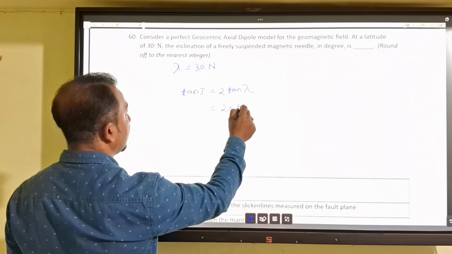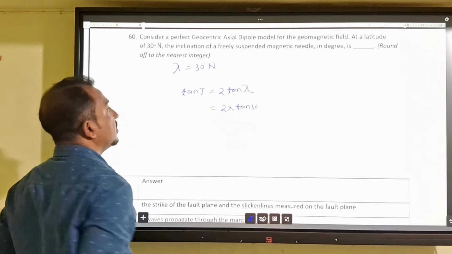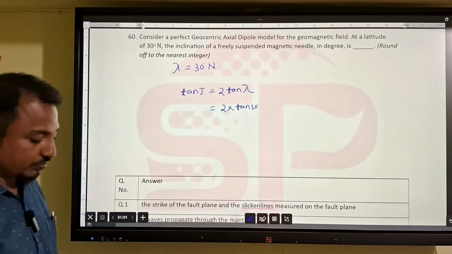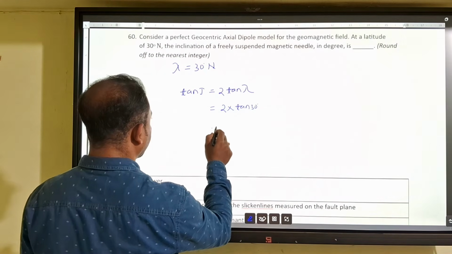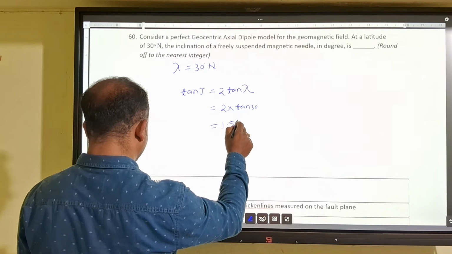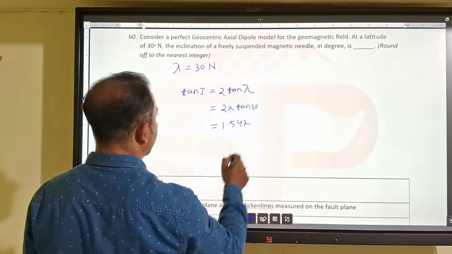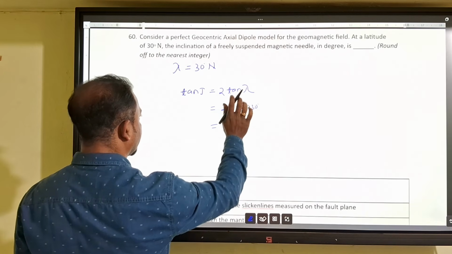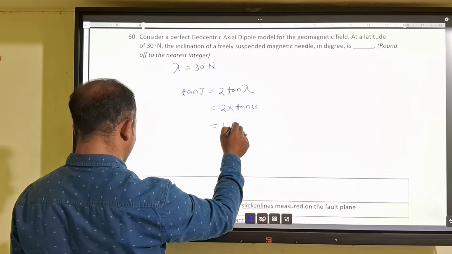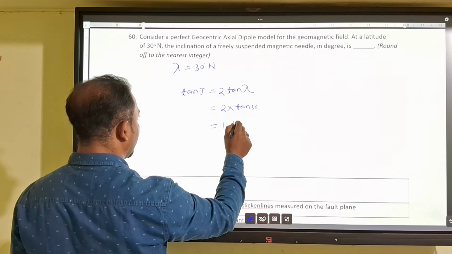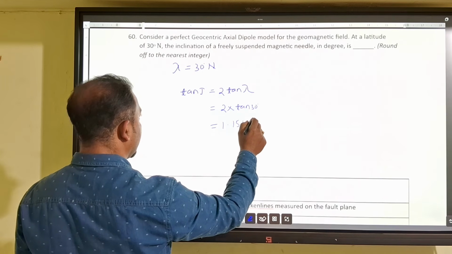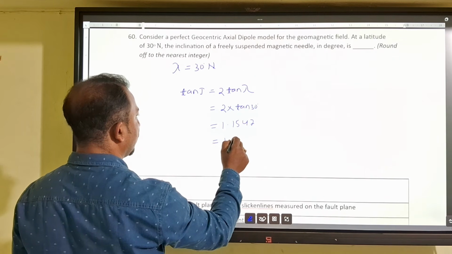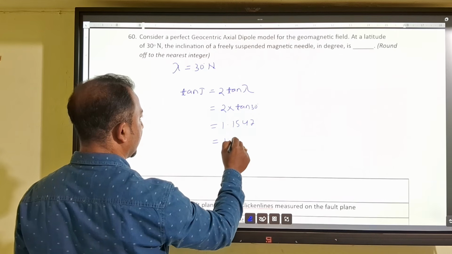So 2 into tan 30 is 1.1547, we'll take 1.155.